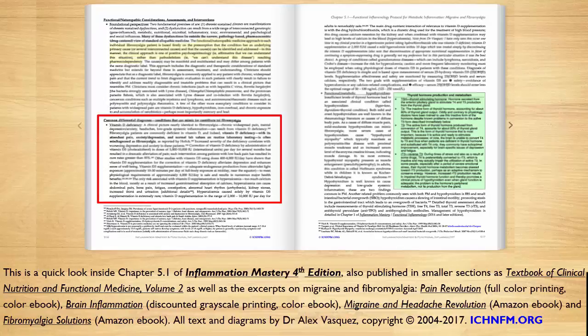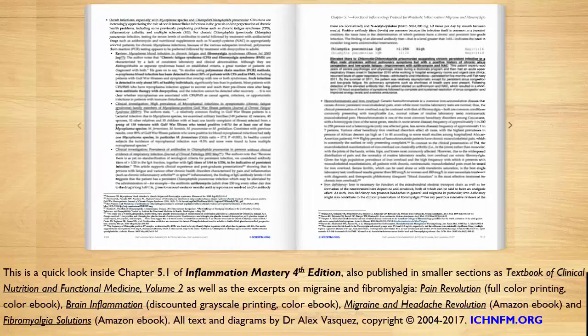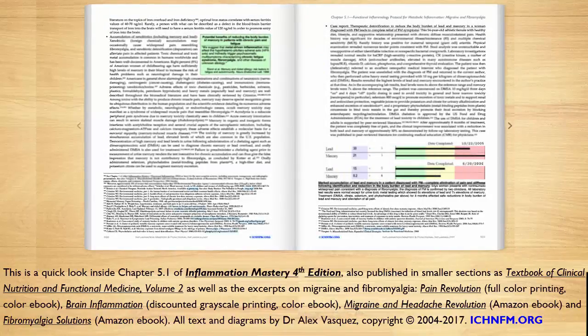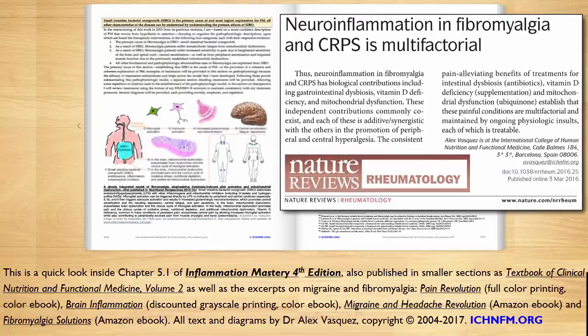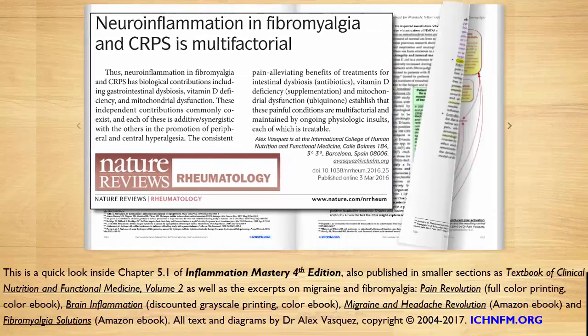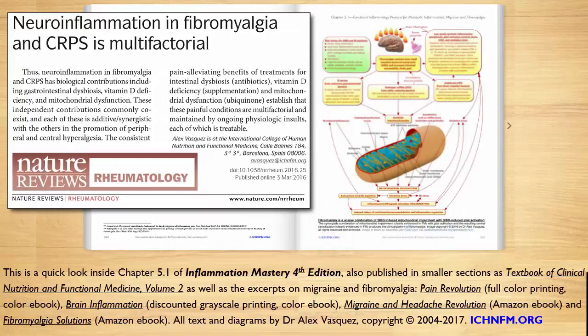And then I compile the data into an innovative model of fibromyalgia, of course based on gastrointestinal dysbiosis, mitochondrial impairment, and neuroinflammation. And you'll see that I detail that over the course of quite a few pages, also providing more diagrams to provide additional insight and understanding into this rather complex and enigmatic condition.